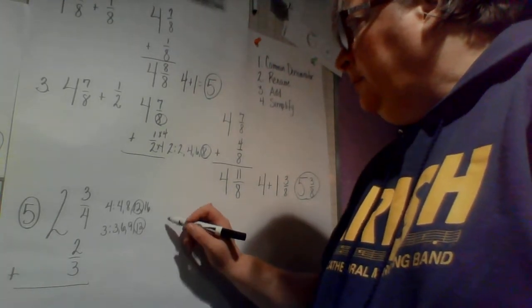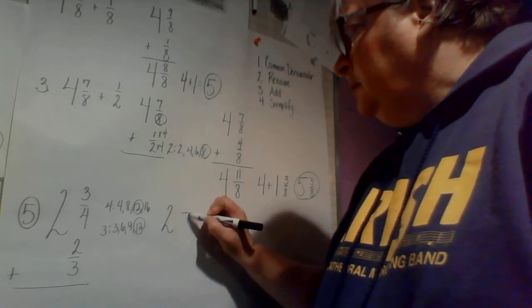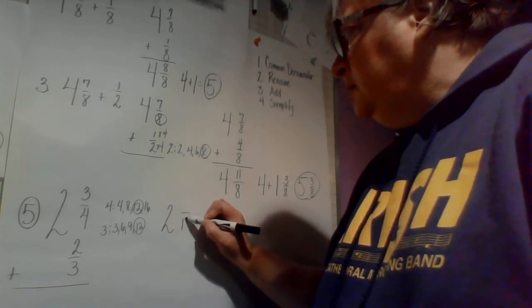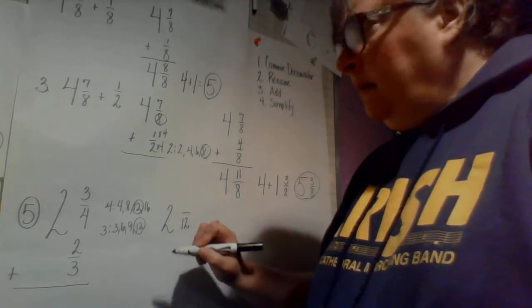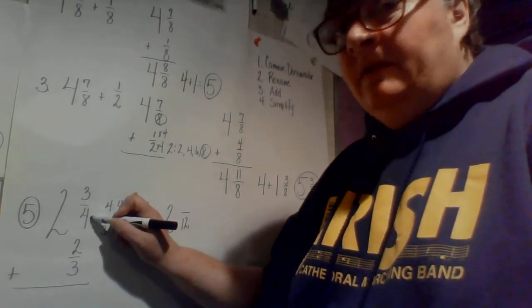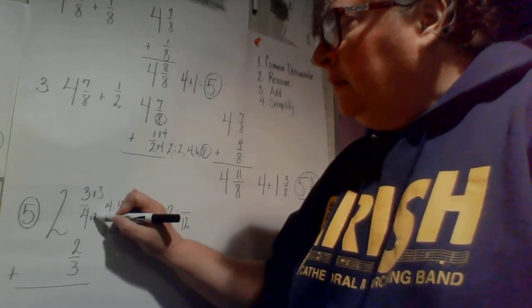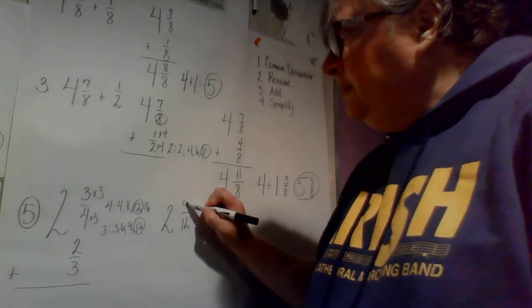So I'm going to rewrite that problem. 2, our common denominator is 12. So 4 times 3 is 12. So I'm going to have to multiply the top by 3. 3 times 3 is 9.